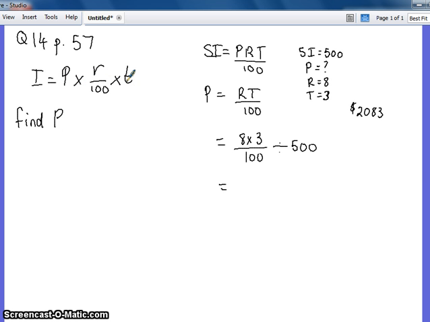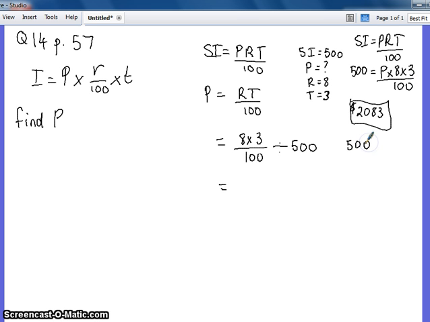What process did we go through? So let's go through in order to get this again. We said this. And so then we went 500 equals P times 8 times 3 divide 100. That's what we did.